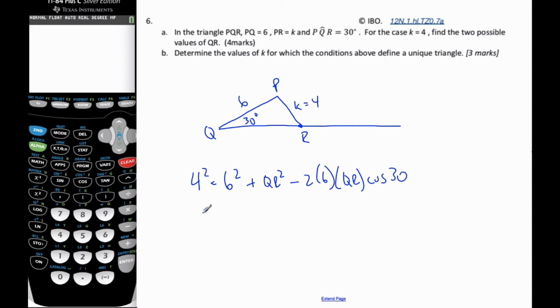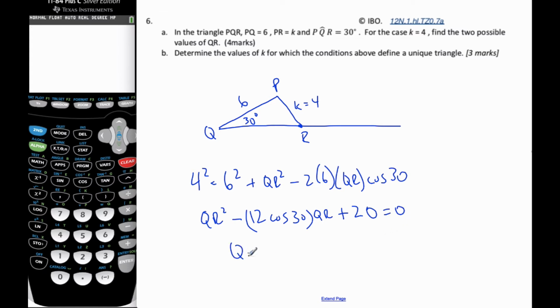So rearranging this, I know that QR squared minus 12 cosine 30 QR, and that's going to be 36 minus 16, which is plus 20, is equal to 0.